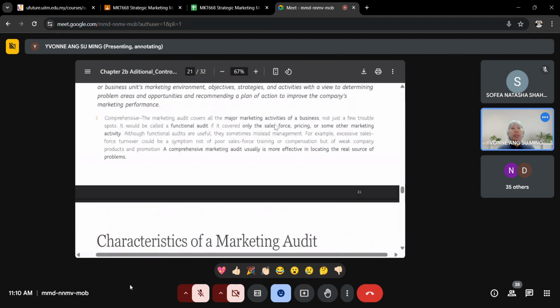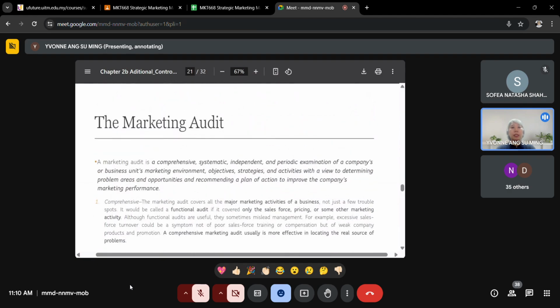And sometimes it will take up quite a lot of time within the marketing punya department, right? So you can go and see here yourselves what the definition of the audit actually is. And typically what we need to understand is that it's done in a systematic manner and is done as independent as possible.